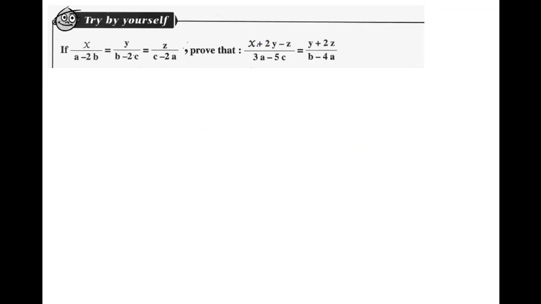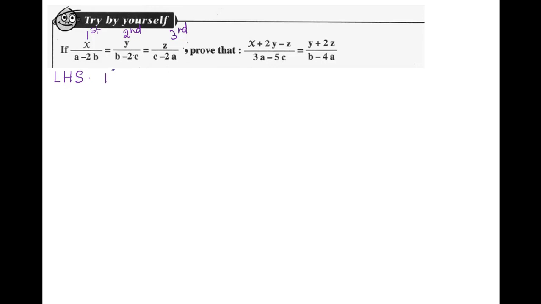Now let's take a quick look. We have here the x, the 2y, and the z on the top, like here. And we have here 3a and 5c at the bottom, and here the same thing. So let's begin by doing the left hand side here. If we take the first term, this is the second, and this is the third. Let's look at the numerator here. We need from the first, we need it as it is.